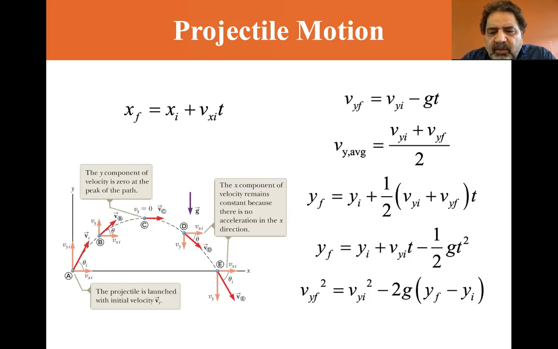We also have Vy final squared equals Vy initial squared minus 2g times (y final minus y initial).